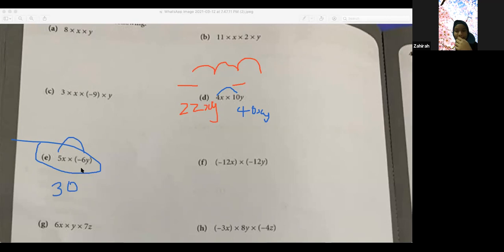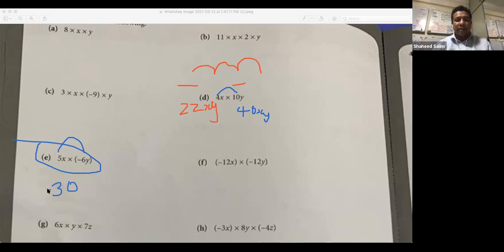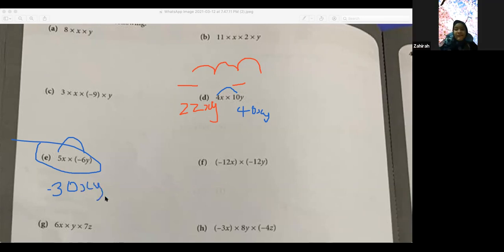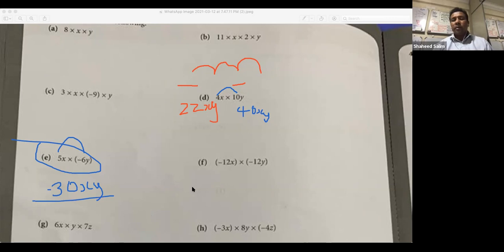Then down here, there's minus and plus, so minus. X times y, xy. So minus 30xy. That's your answer. Down here now, we take for the girls, look, 12 times 12, 144. And then minus times minus gives you plus. X times y, xy. 144xy.